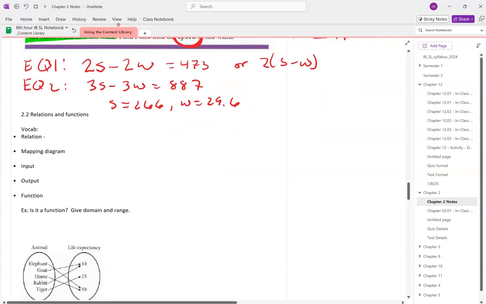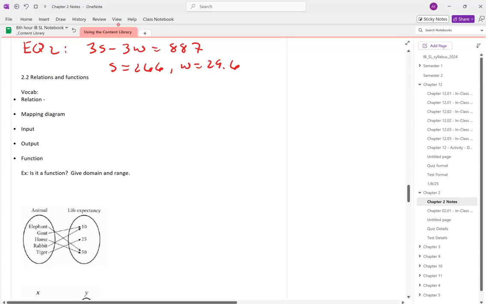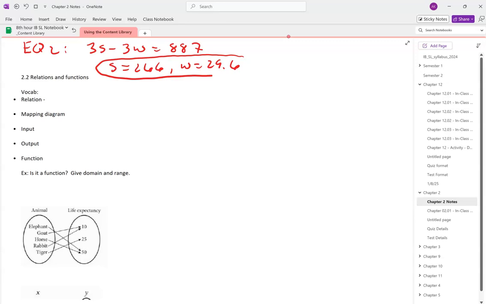All right. Next section. We're going to start with a relation. We're talking about relations and functions here. A relation is just a pairing between two sets. One way we often do that is with what's called a mapping diagram.